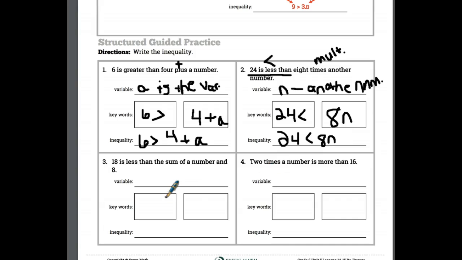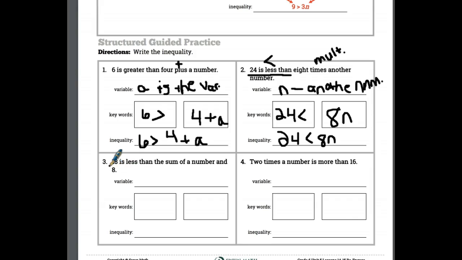Now, we're going to code 3 and 4, and then you're going to use that to pull out your variable, your keywords, and then write your inequality the same way I just did with 1 and 2. Okay, so get ready. We're going to read this first. 18 is less than the sum of a number and 8.